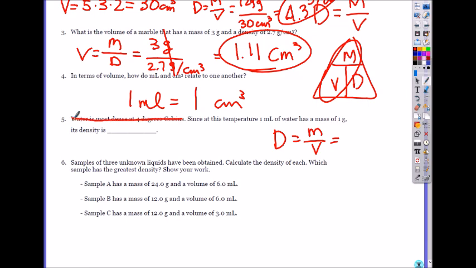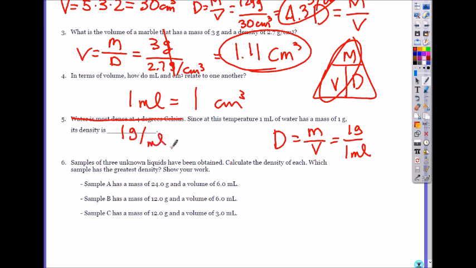It was helpful information, but it wasn't necessary to do the problem, right? At that temperature, 1 milliliter of water, which is the volume, has a mass of 1 gram. So what's the density? At 4 Celsius, 1. Usually water has a density of 1.